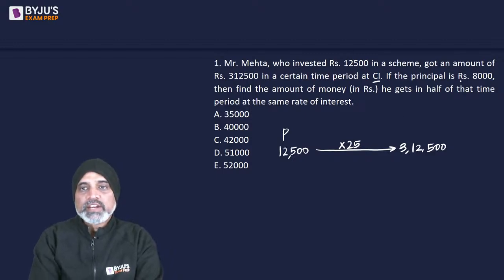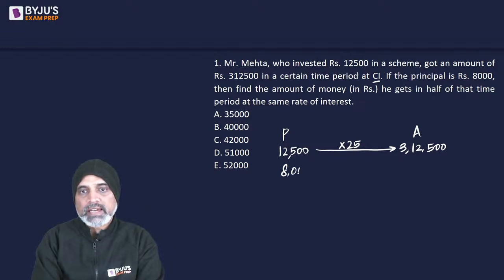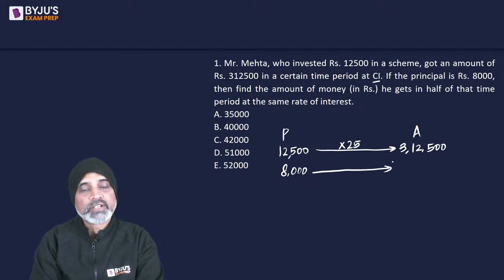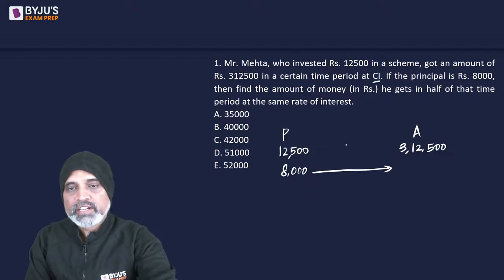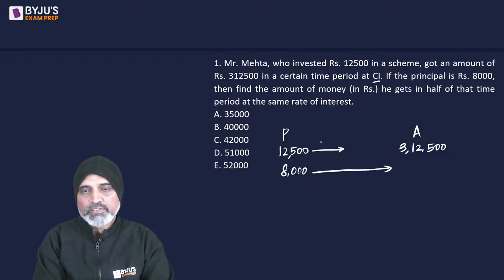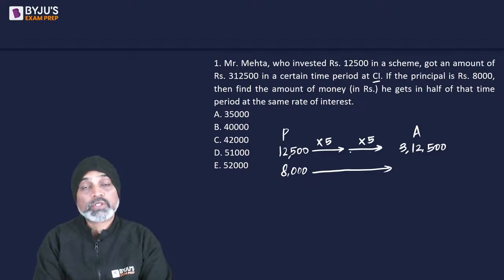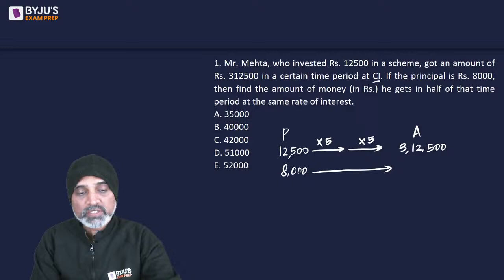If the principal is rupees 8,000, then find the amount in rupees he gets in half of the time period at the same rate of interest. So it says half the tenure. Since we are halving it, in one half it becomes 5 times, and in the second half it becomes 5 times, so that overall it becomes 25 times.